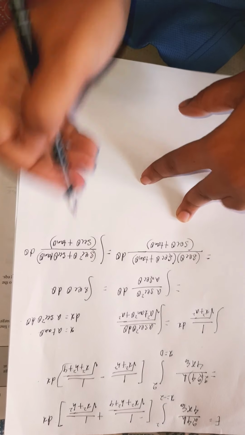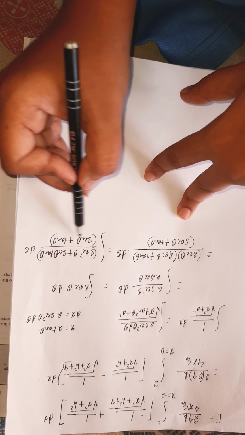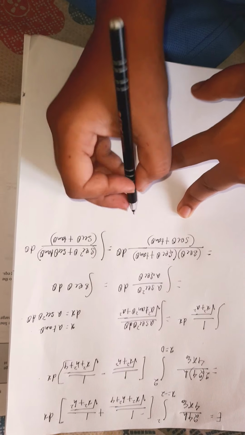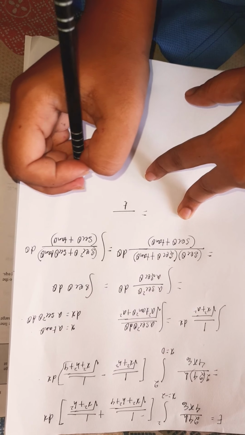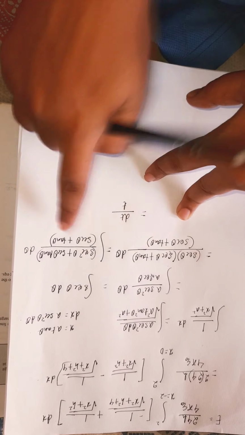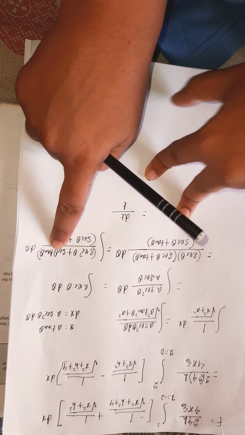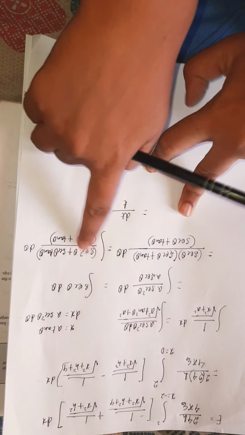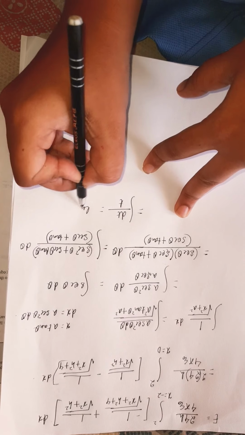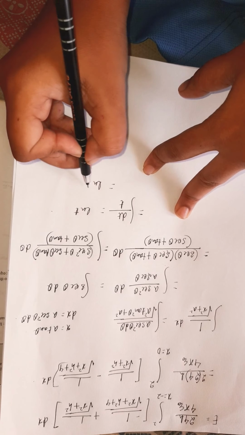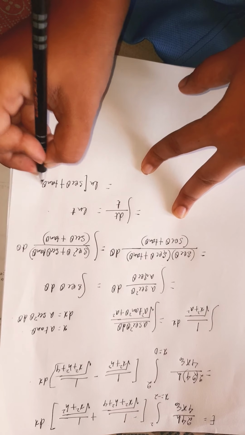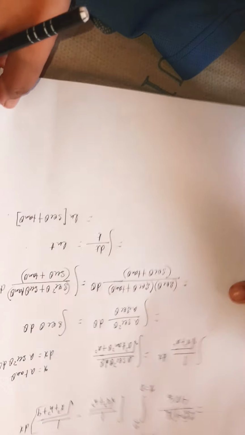As you can see, if you differentiate the denominator, you will get the numerator. Basically, if down it's t, then the top one will be dt. The differentiation of sec theta is sec theta tan theta, and of tan theta it is sec square theta. So I hope this is clear to you. So I'll get ln t, where this t is basically sec theta plus tan theta. This should be very clear to you.